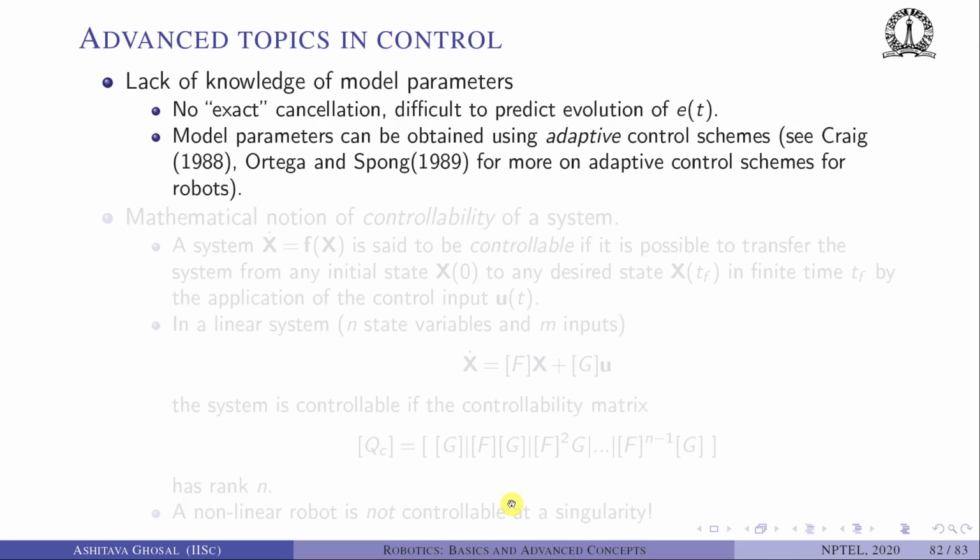Let's continue. We also discussed that there is a lack of knowledge of model parameters in most practical robots, and hence no exact cancellation is possible, and it is difficult to predict the evolution of E of t.